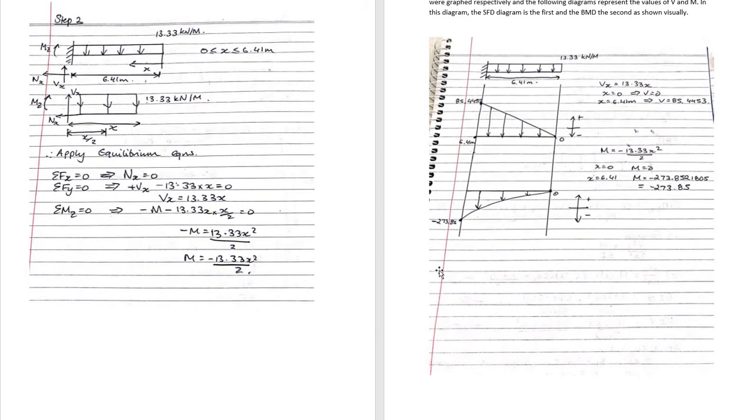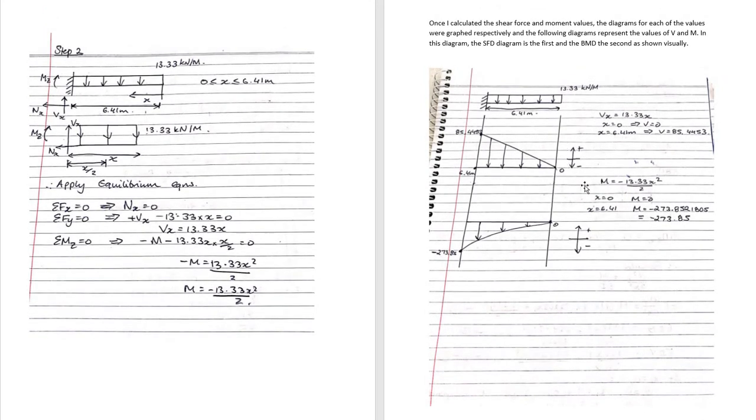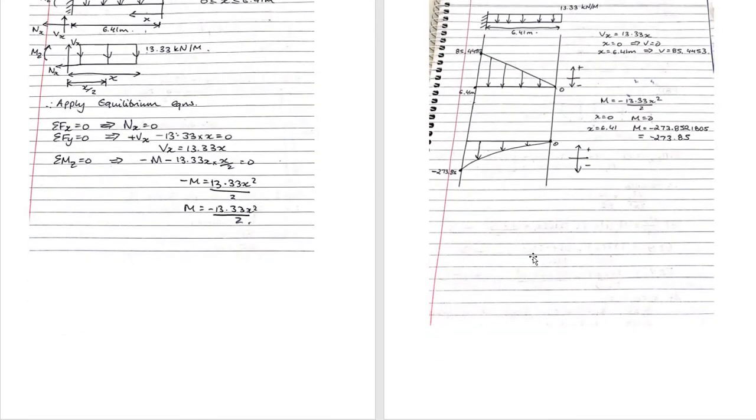Using those, I was able to attain these diagrams. One was the shear force diagram, which is the first one, and the second one was the bending moment diagram. These diagrams were attained from the equilibrium equations and the moment equations derived before.